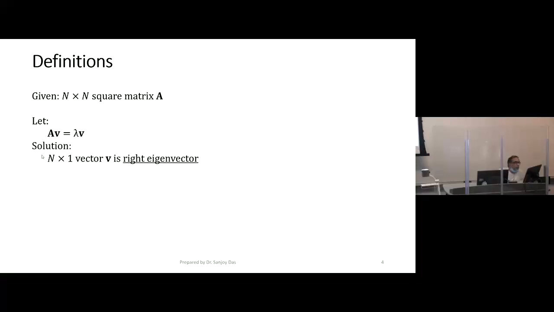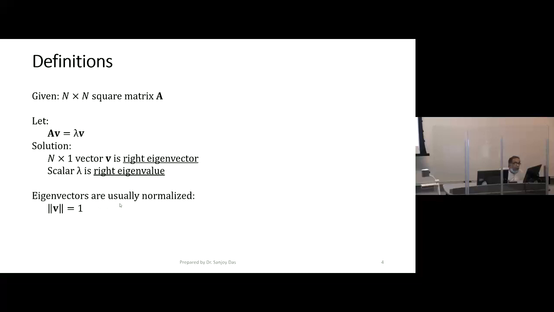Anyway, so the solution of this, AV equals lambda V, the n by 1 vector V is called the right eigenvector. And the lambda is the right eigenvalue. When I say eigenvector and eigenvalue, by default, I mean right eigenvector and right eigenvalue.